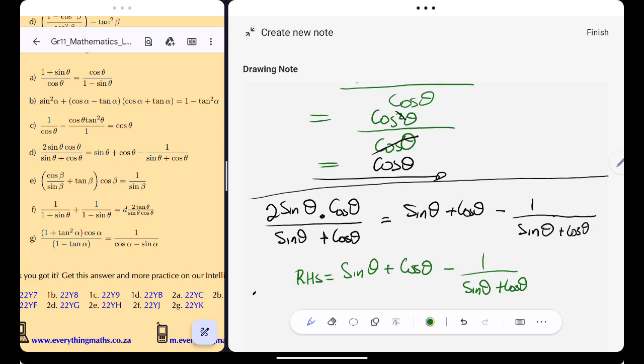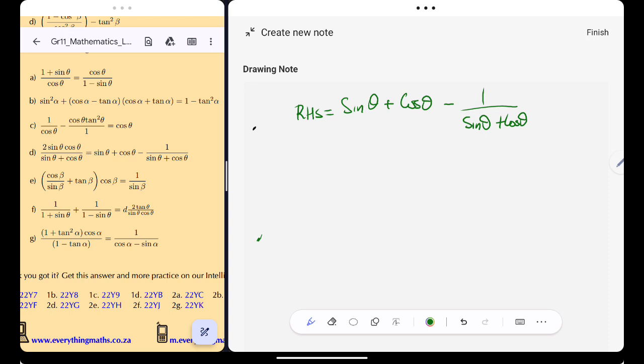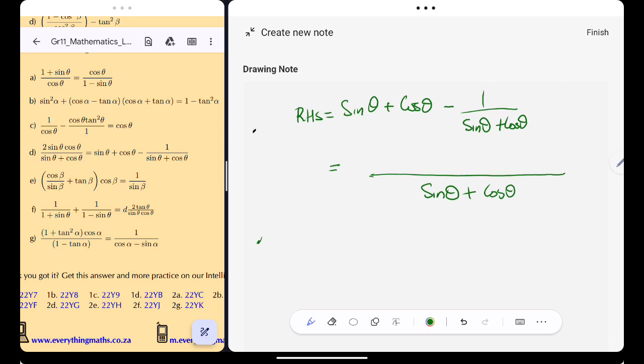Alright, together. The LCD in this case is sine theta plus cos theta. Whenever I multiply each term by the LCD, I'll start by multiplying sine theta by the LCD.